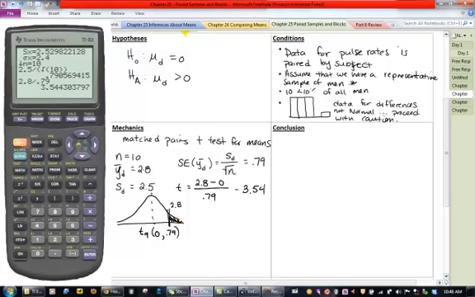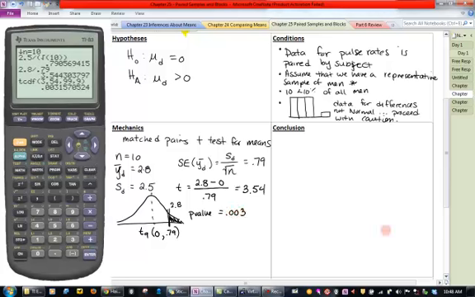So I'm going to go to distribution, tcdf, which is number 5, and I'm going to go from 3.54 standard deviations above the mean to 99, and I have to tell it I'm using 9 degrees of freedom. Just got to think about it, and then it gets me a p-value that is equal to 0.003.